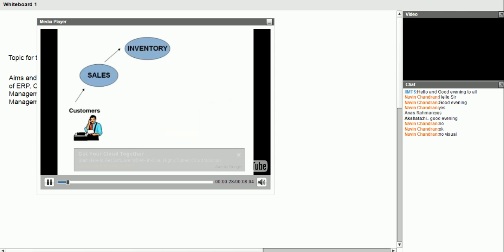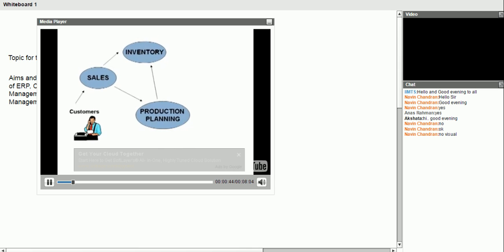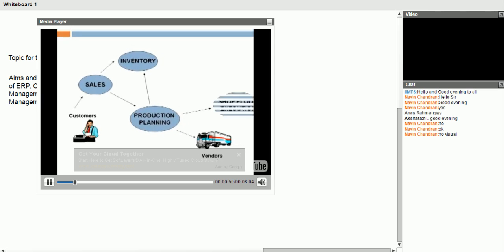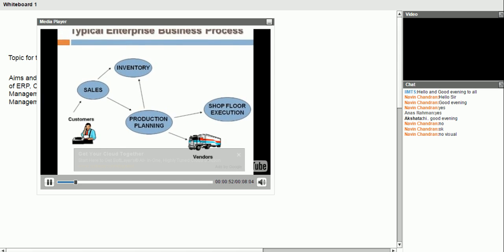The sales team approaches the production planning department to manufacture the product. The production planning team checks with the inventory department for availability of raw material. If raw material is not available within the inventory, the production planning team buys the raw material from the vendors. Then production planning forwards the raw materials to the shop floor execution for actual production.